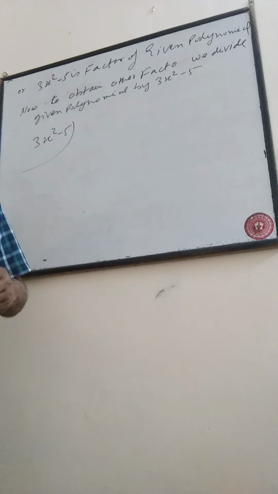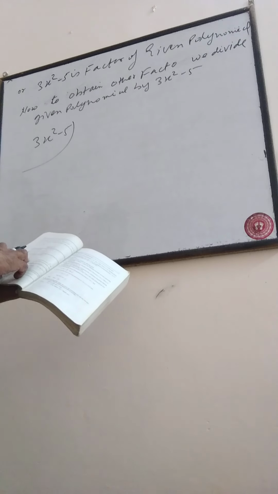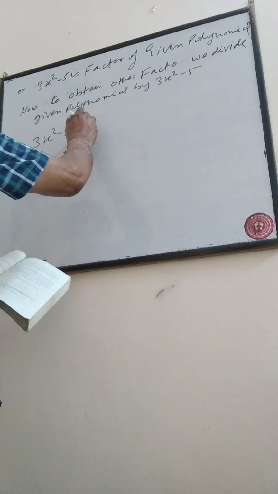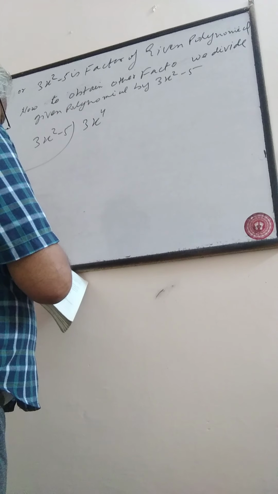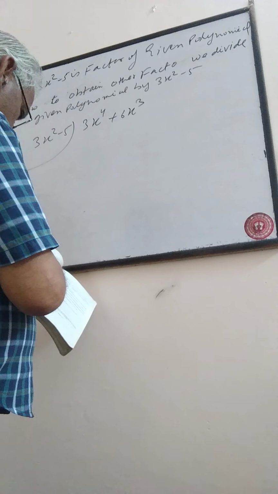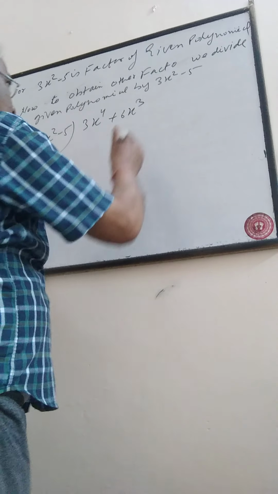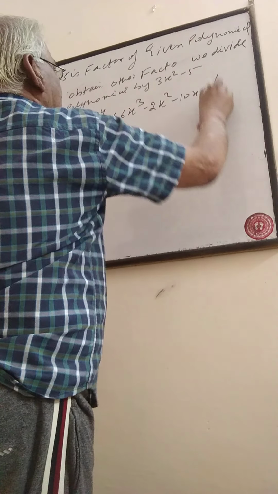So this is 3x square minus 5, and now you will divide the given polynomial by 3x square minus 5. The polynomial is 3x to the power 4 plus 6x cube minus 2x square minus 10x minus 5.